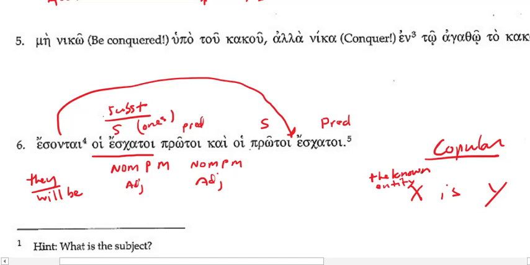What that known entity is, is the new information. So, example, once upon a time there was a princess. The princess was beautiful. What have I done? I've used a copular construction, and the article went with the subject, right? Because I've now activated the concept of a princess in my mind, and now I'm going to use the article. The princess was beautiful.